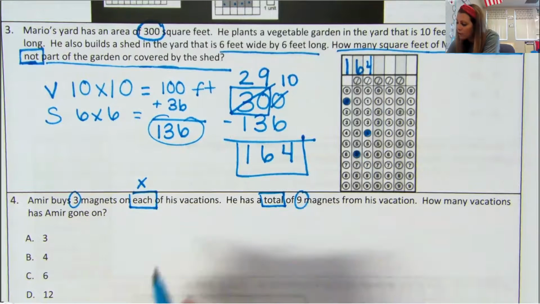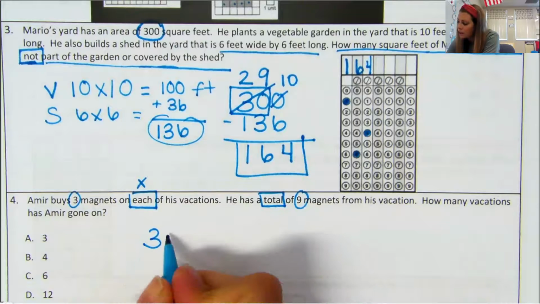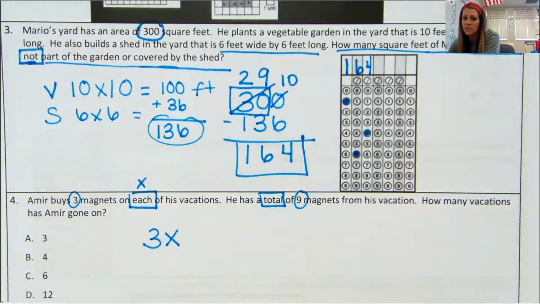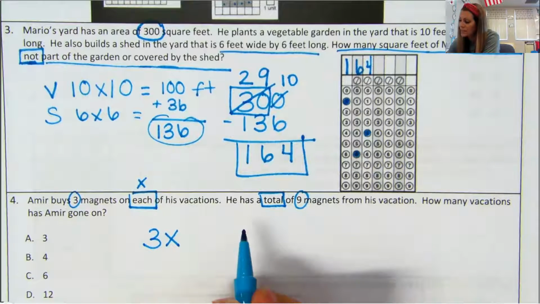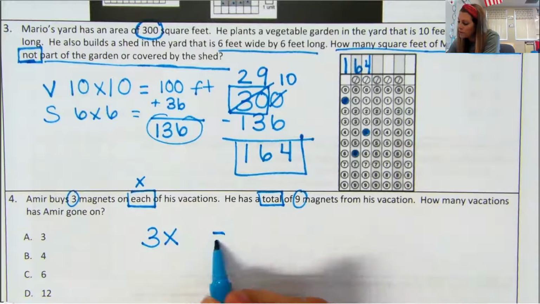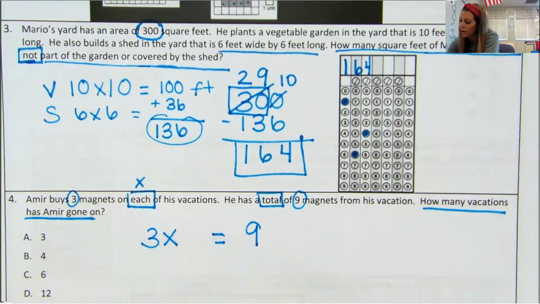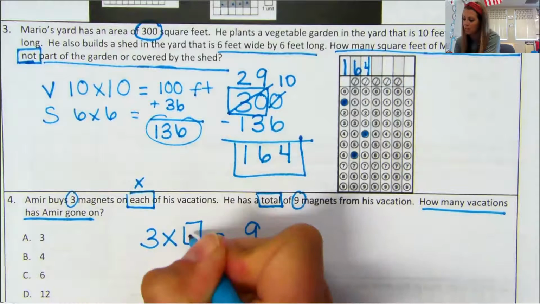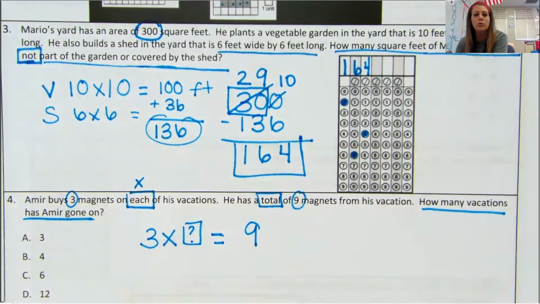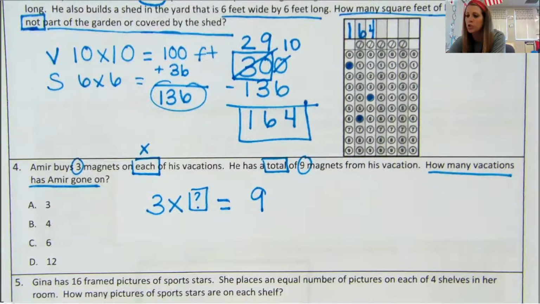Well, he has 3 magnets on each of his vacations. He has a total of 9. How many vacations has Amir gone on? Well, that was our mystery number. We don't know. So 3 times what equals 9? What did you get for that?